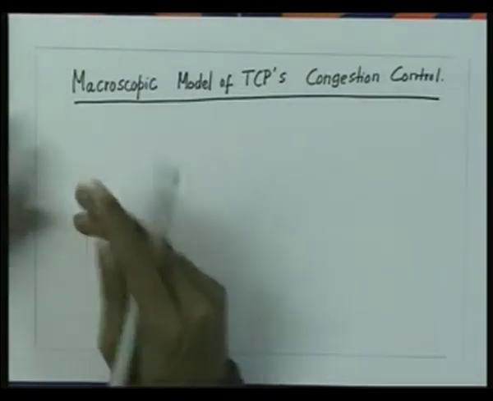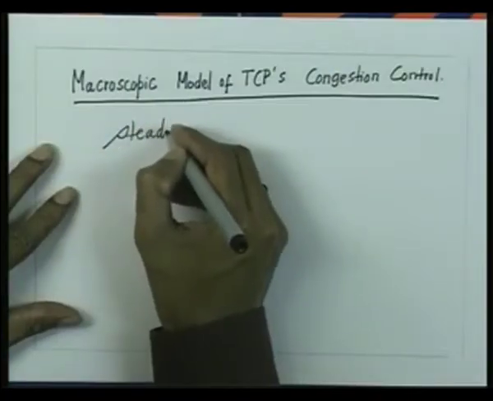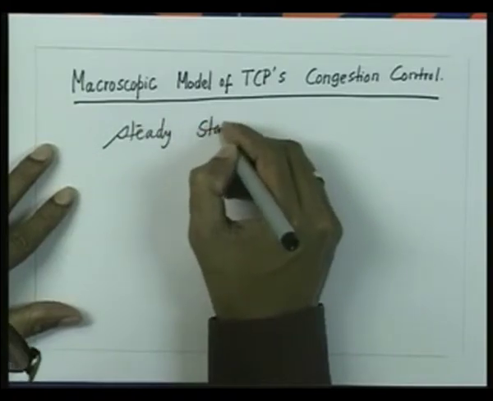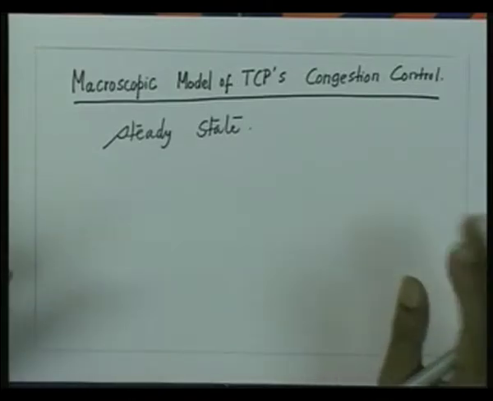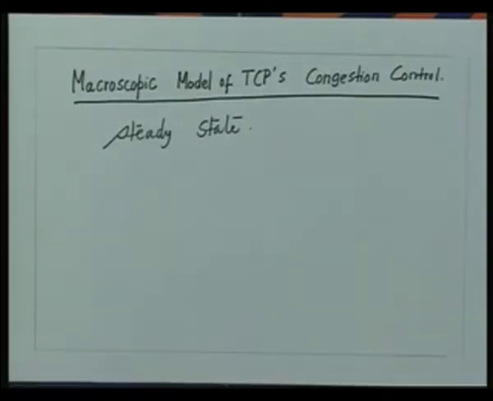To do this analysis, we take a very simplified view, and we also assume that TCP's congestion control mechanism of additive increase and multiplicative decrease has reached a steady state. So first of all, we do the analysis in a steady state. It's very important. And in this steady state, let us see how the window is changing.